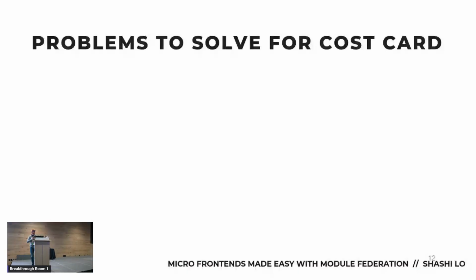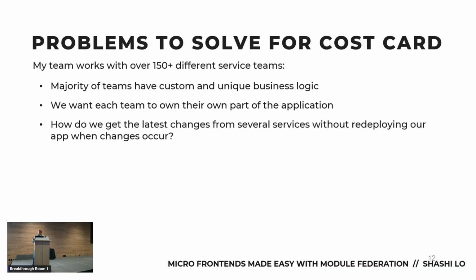All right, so the problems we saw for the cost card. My team works with over 150 different services. The majority of the teams have their own custom and unique business logic. We want each team to own their own part of the application. How do we get the latest changes from several services without redeploying the app when changes occur?